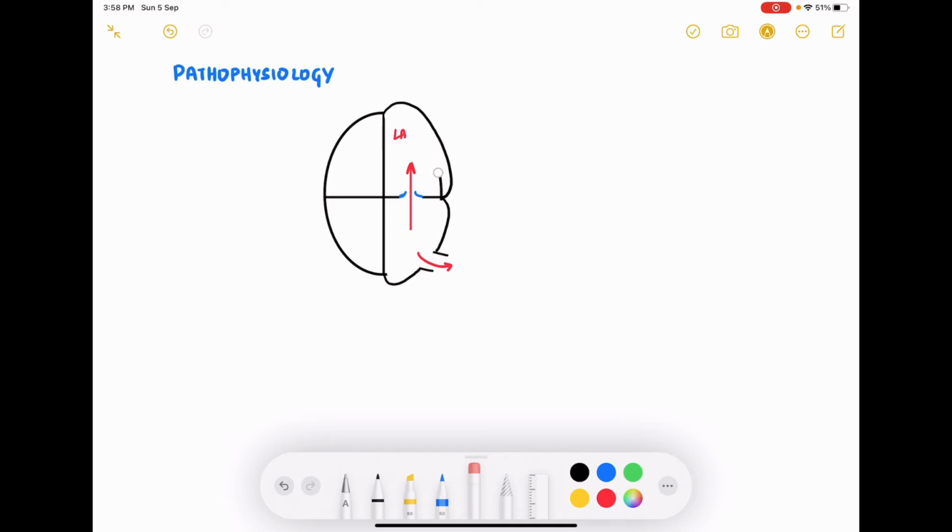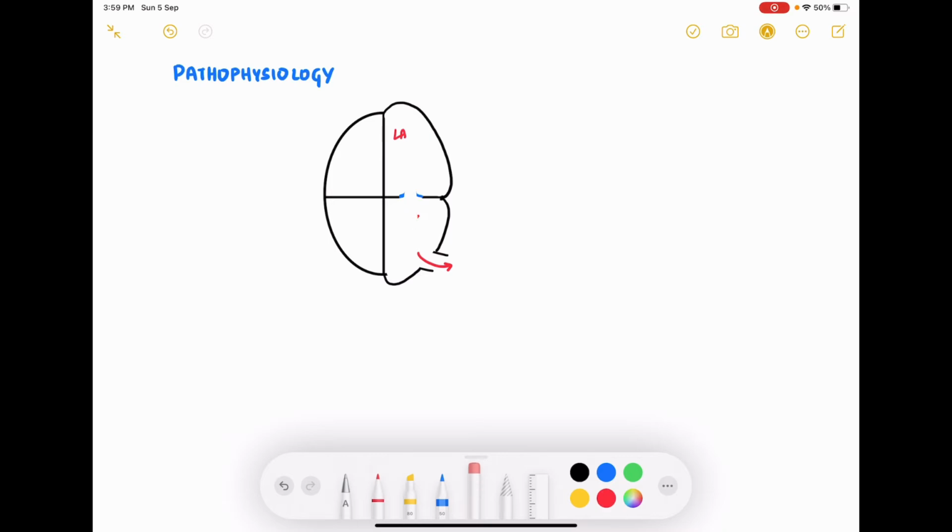And whatever blood has leaked back into the left atria has to come back into the left ventricle, right? There is nowhere else it can go. So when it tries to come back into the left ventricle during ventricular diastole, it may, in severe conditions, lead to a mid-diastolic murmur too, which is a flow murmur. I hope the concept is clear.